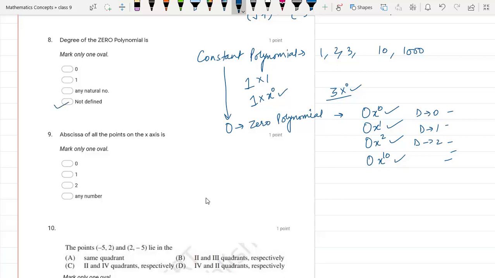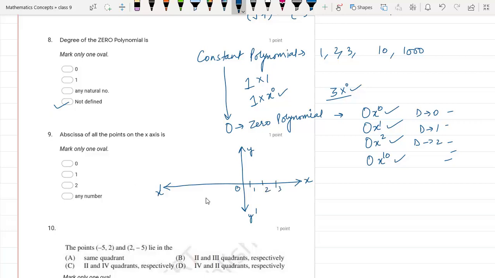Now question number 9. Abscissa of all points on x-axis is. Let's see. First of all, we should know what is x-axis and what is abscissa. If this is your x-axis, we call it x dash, and this is y dash. We all know that the points on this are 1, 2, 3, 4.